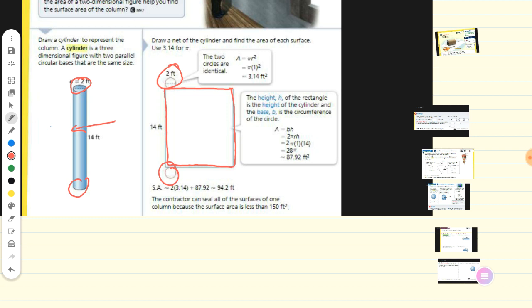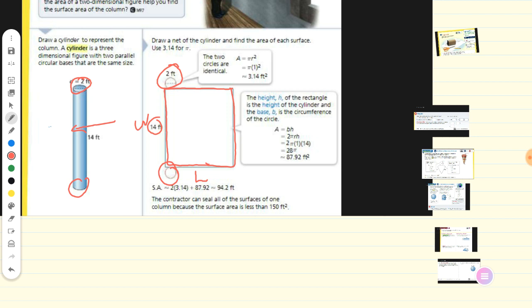The rectangle has a length and a width. The width equals the height, so it equals 14. What about the length? The length equals 2 pi r. How?